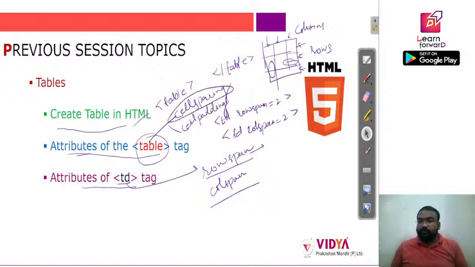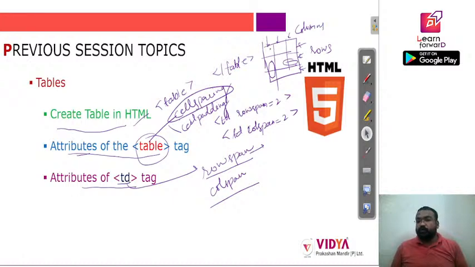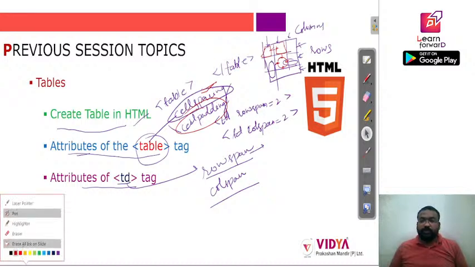This attribute is used to define the space between the different cells. That means if you want to create the space between this cell and this cell, then for this we will use cell spacing. While if you want to create cell padding, that means a space within the cell, between the content and the boundary of the cell, then we will use cell padding. So I hope these topics were clear to you.